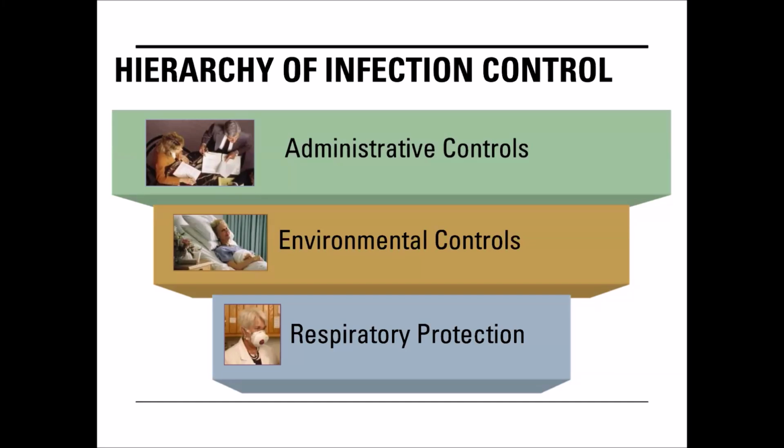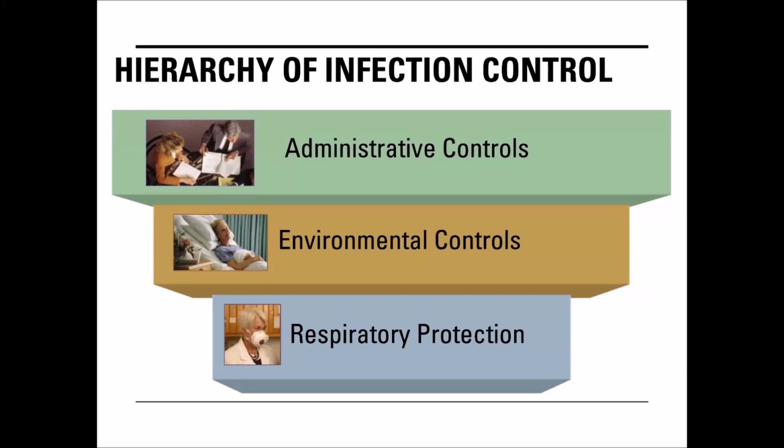Now, if you think the patient might have TB, then you're going to institute environmental controls such as a private room, special ventilation, and then you're going to wear a mask for respiratory protection as your final level of protection. But clearly the most important is the top part, and that involves our brains.